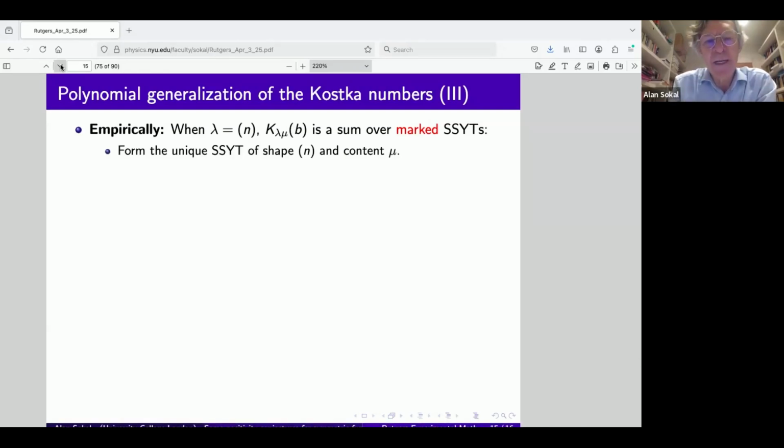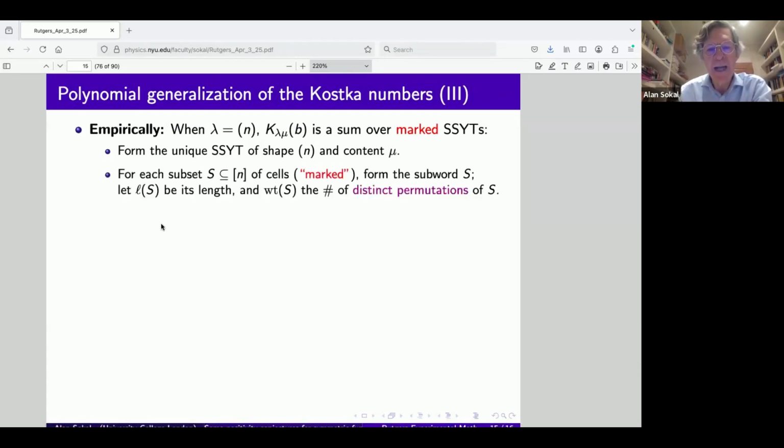First, there is a unique semi-standard Young tableau of just n cells in a row and content mu. And then I just choose an arbitrary subset of the cells and mark them, okay? I'm going to sum over all choices of that subset. So I choose a subset S of cells called the marked.